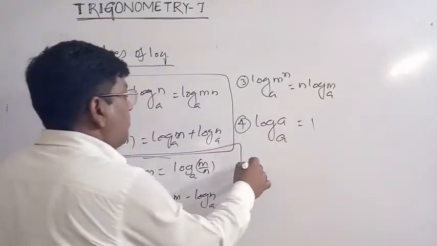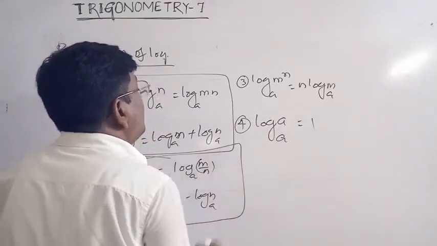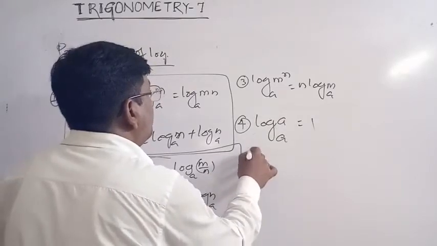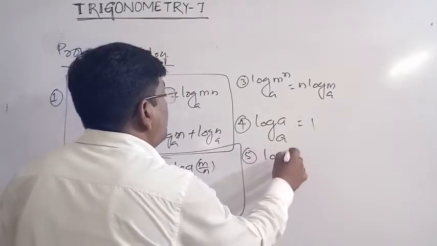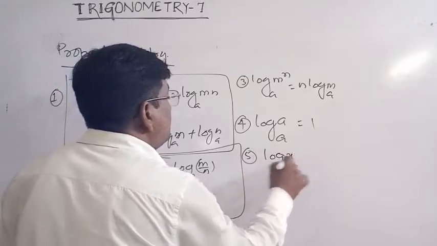Okay, property 5, what is natural log? This is log x base e.